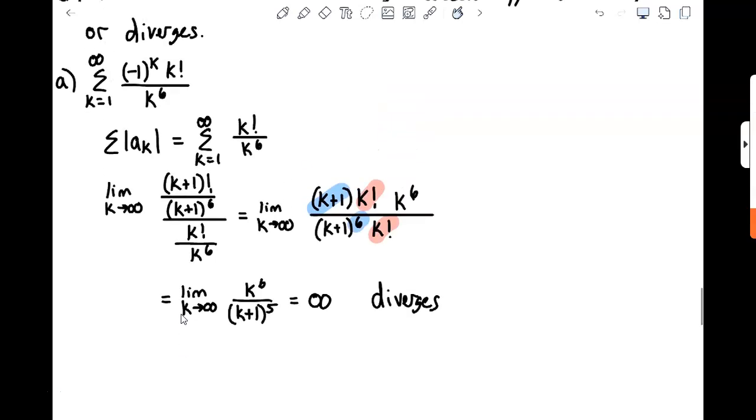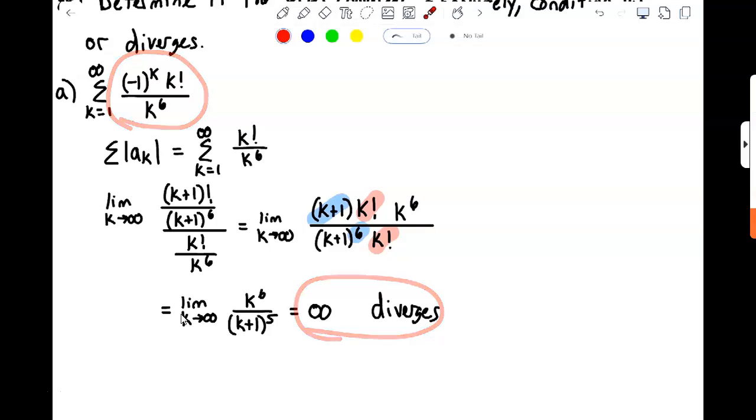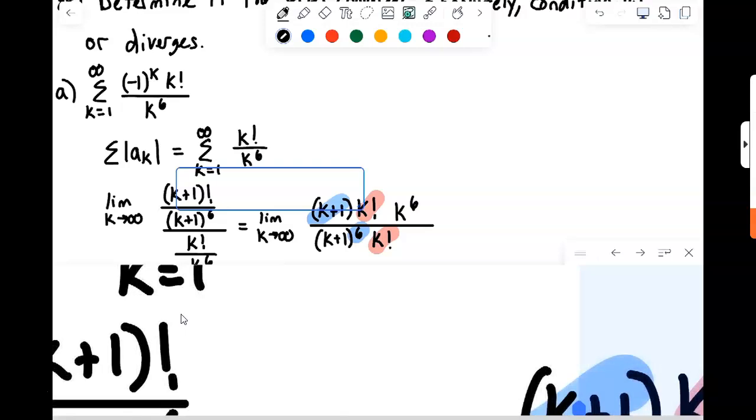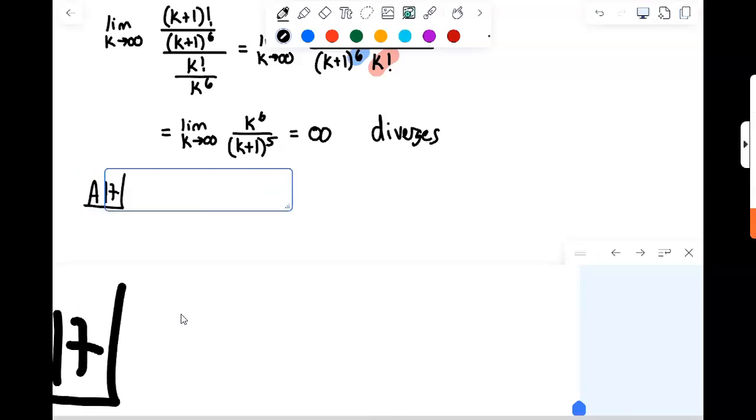Okay. And then we look at the alternating series. So what's going on with the alternating series? Well, for the alternating series, remember, we first look at the limit of the underlying sequence. That's kind of the first idea with the alternating series.